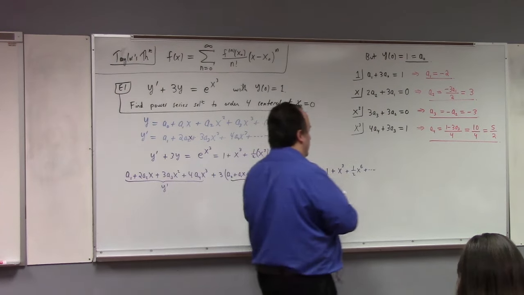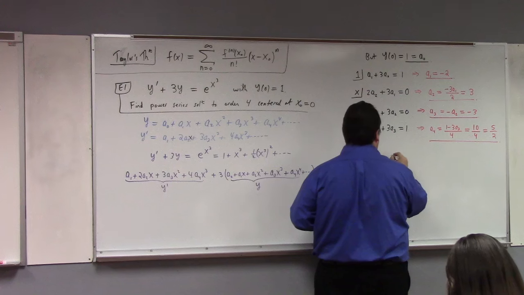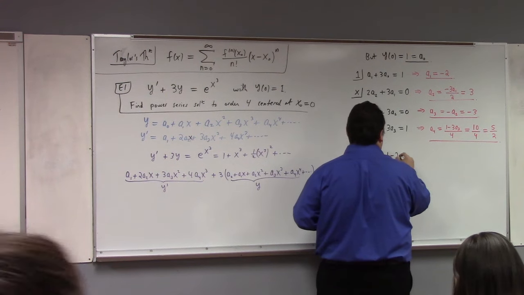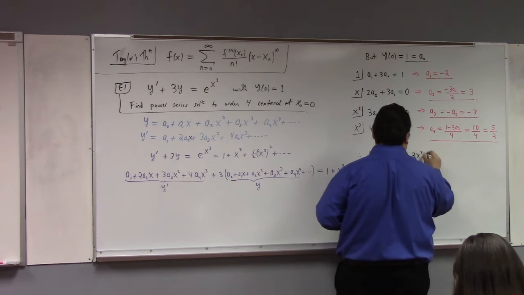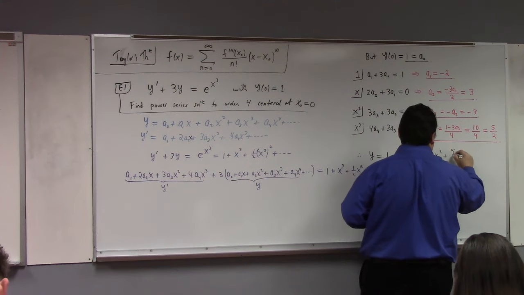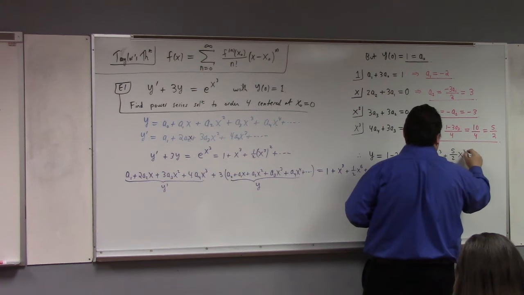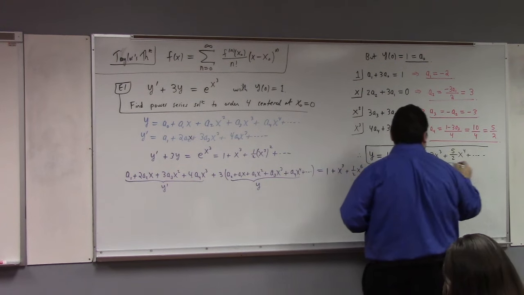So we've got the order 4. We can stop here. Therefore, y is equal to 1 minus 2x plus 3x squared minus 3x cubed plus 5/2 x to the power 4 plus dot, dot, dot. This is a power series solution to the differential equation.